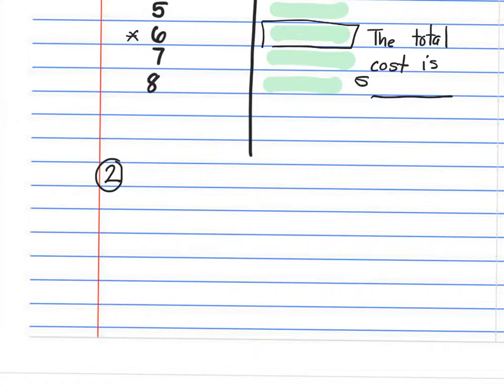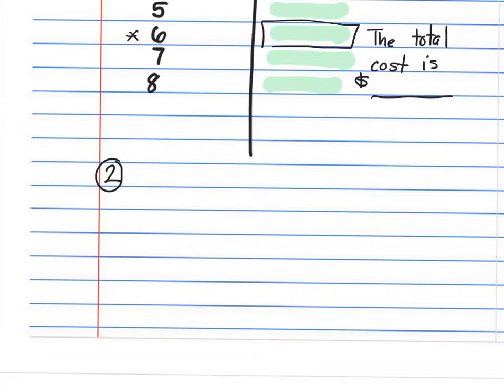Remember it's asking for the total cost of 6 bottles of juice. So the answer will be right here. You're going to say the total cost is, and then your answer.